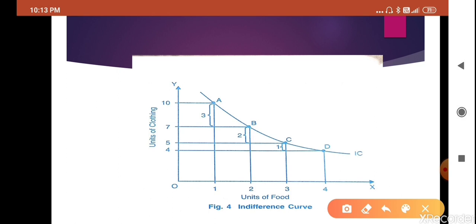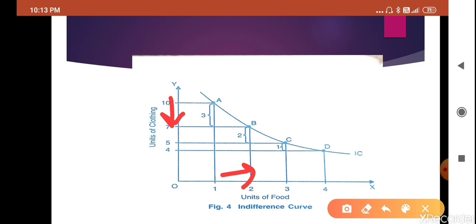Once again, you can see that while we were consuming 1 unit of x, we were consuming 10 units of y. If the consumer is willing to increase one more unit, then he has to decrease units of y. In the case of demand also, you have seen price and demand combinations: if price is increasing, demand is decreasing.